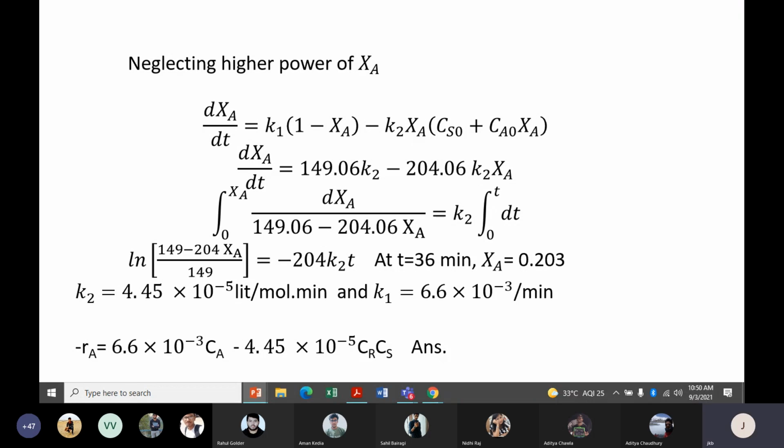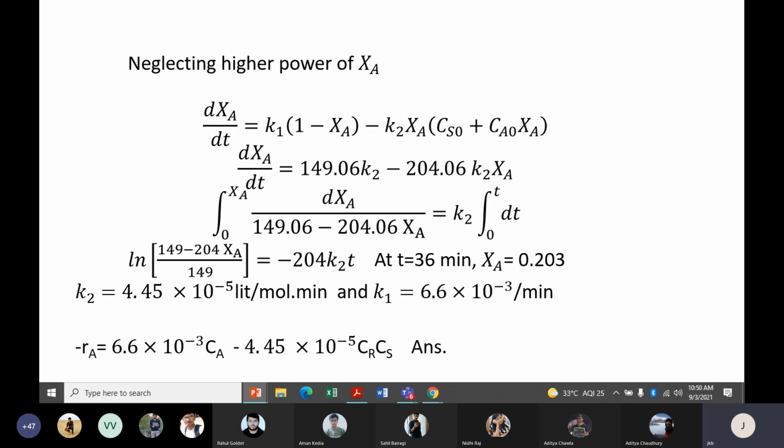So today I have discussed some problems for mixed reactor and some for batch reactors and derivation. So in the test you can expect this type of problem, that is batch reactor problem, finding kinetic study, or reactor volume.